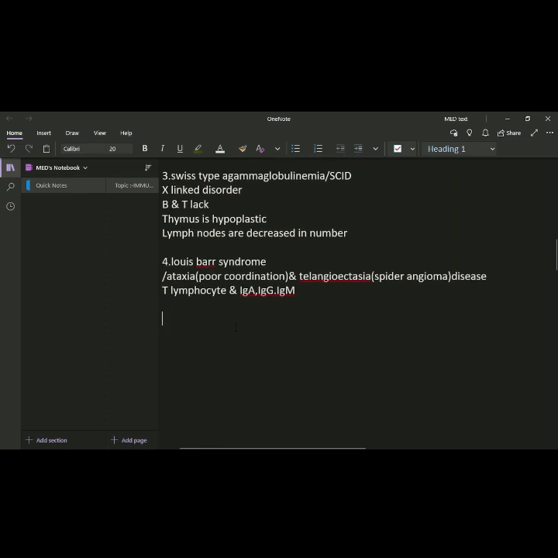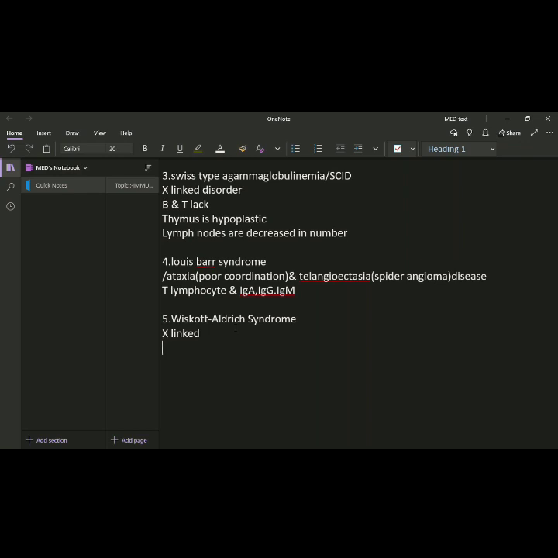Alright, moving on further to another type of syndrome, that is known as Wiskott-Aldrich syndrome. It is also an X-linked recessive disorder.